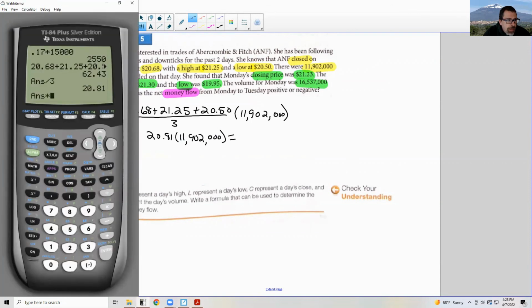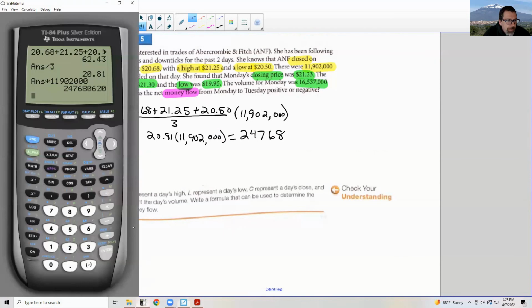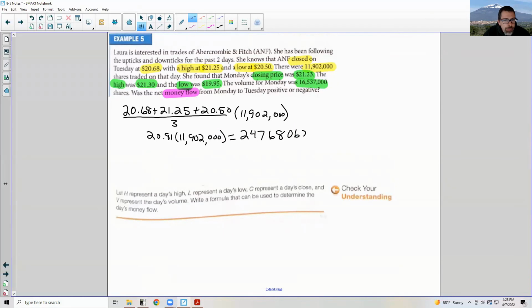Okay, so then I hit times 11,902,000, enter, and I got 247,680,620. So that's $247,680,620. Okay, so that was the money flow on Tuesday.